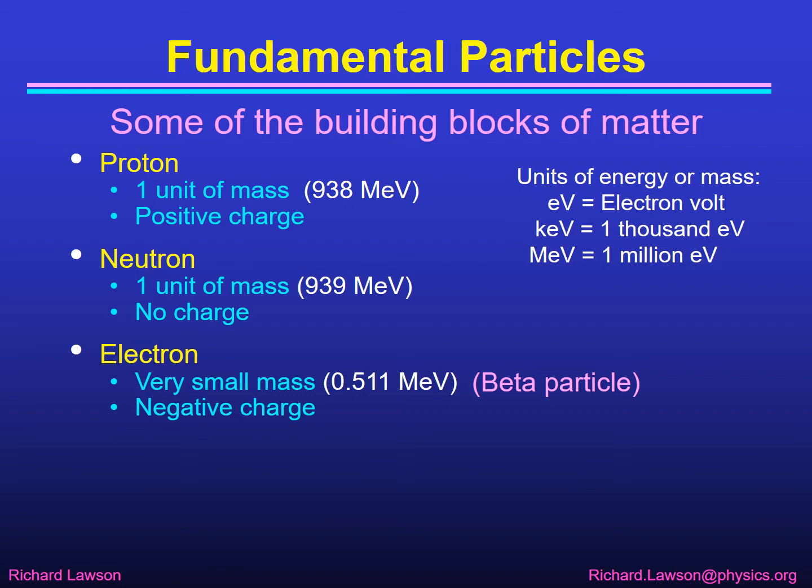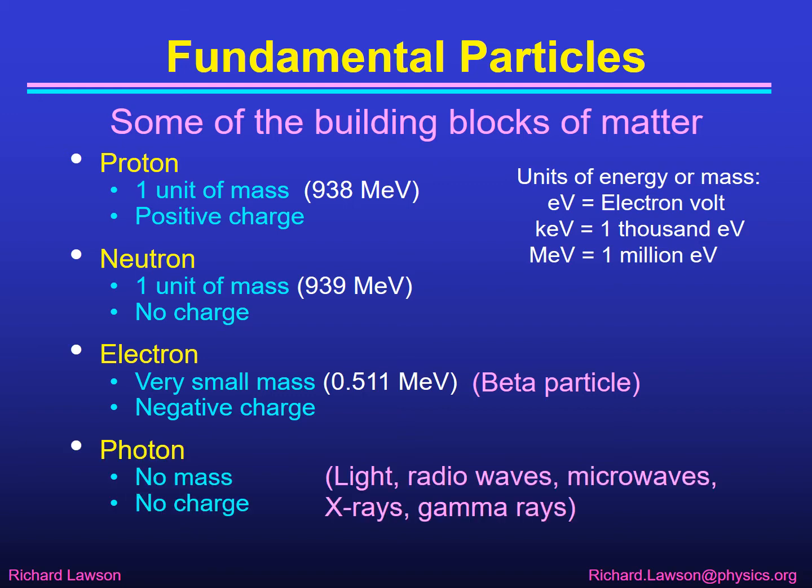The electron is often called the beta particle because historically that was what it was called before it was identified as an electron. So in this talk, whether I talk about electrons or beta particles, I'm referring to the same thing. The photon has no mass and no charge.